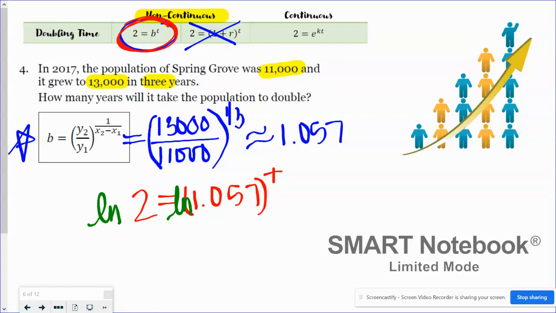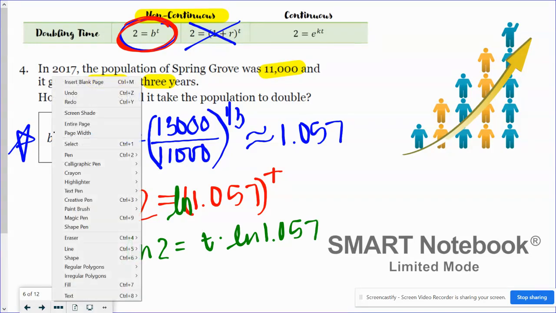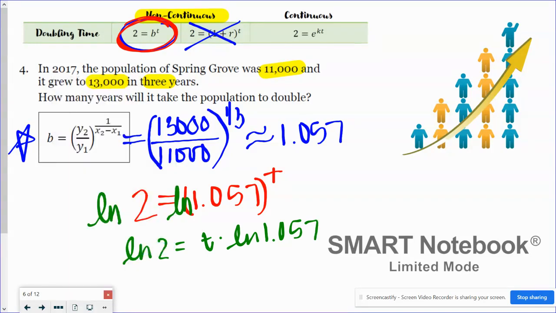I'm taking the natural log on the right. I'm getting that the natural log of 2 is equal to t times the natural log of 1.057. And then I'm going to divide both sides by the natural log of 1.057 to get what t is. So I'm just going to do that on my calculator. And I got 12.5 years.